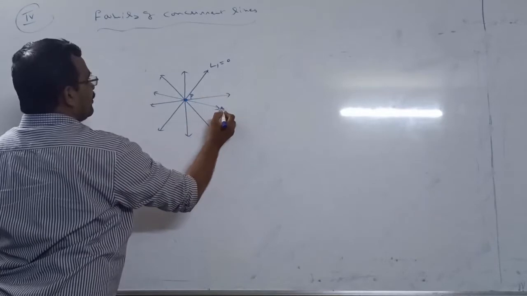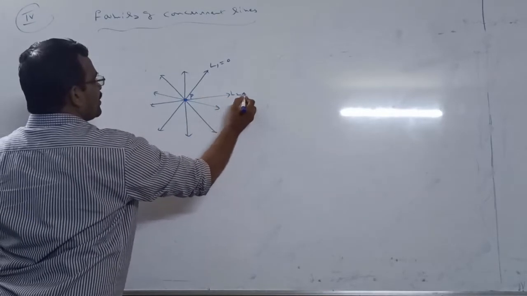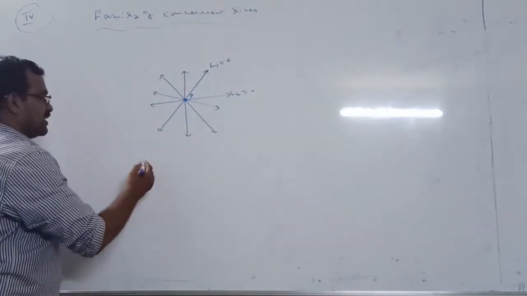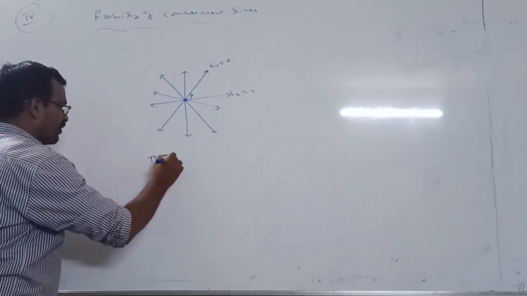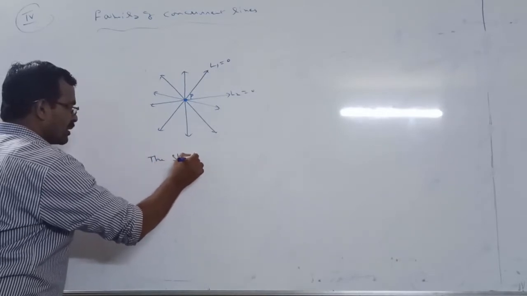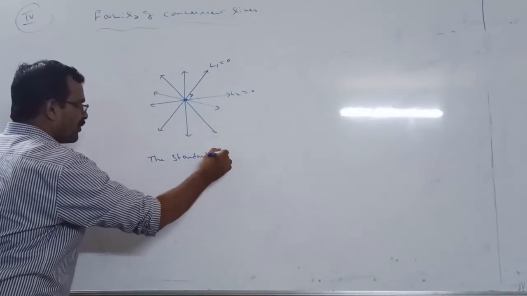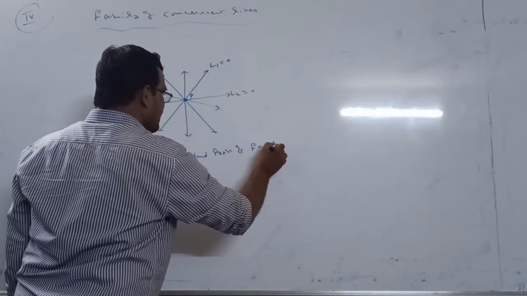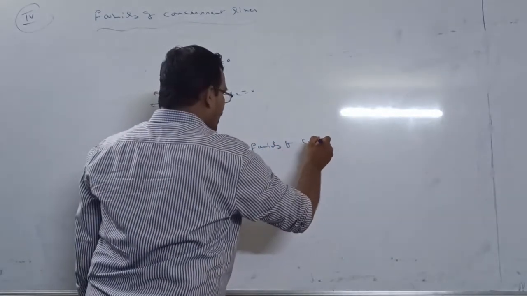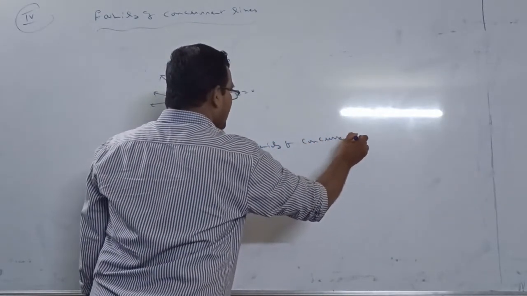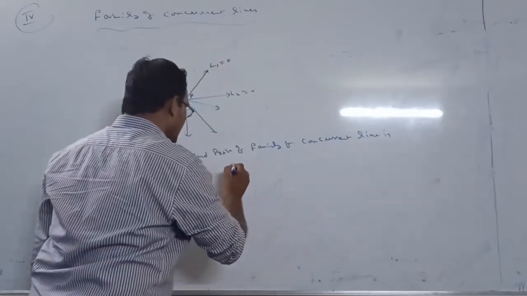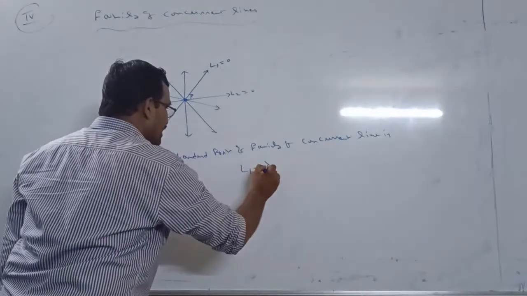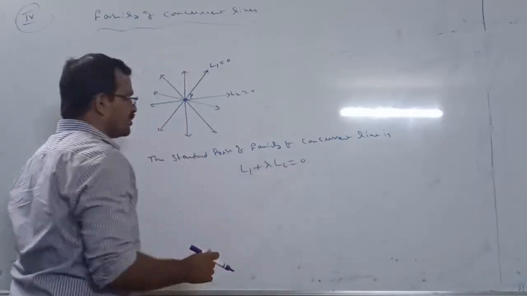So we have some standard form for a family of concurrent lines. For example, L1 equal to 0, L2 equal to 0 are two lines in a family of concurrent lines. The standard form of a family of concurrent lines is: take L1 plus lambda into L2 equal to 0.